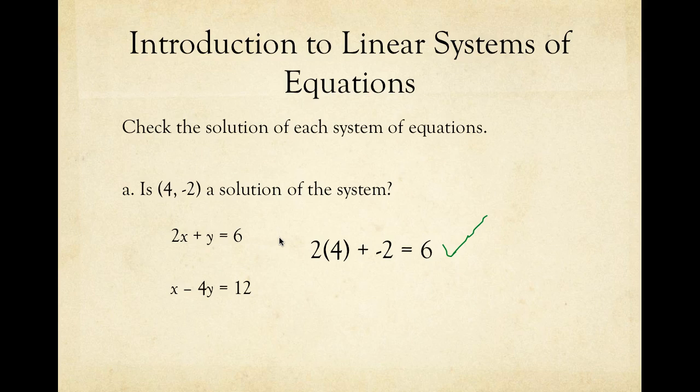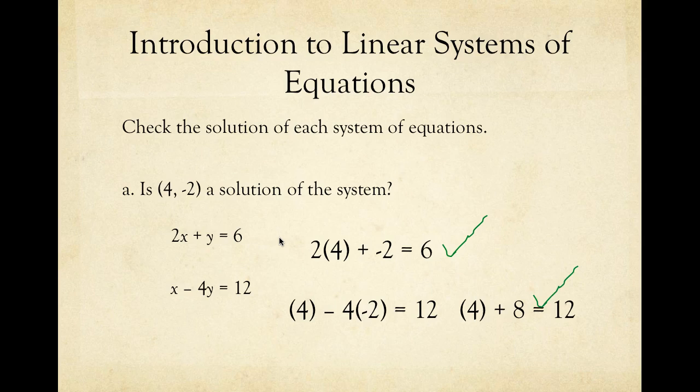Plug 4 in for x and -2 in for y for the second equation. 4 minus 4 times -2. Well, 4 times -2 is -8. So 4 minus -8 is positive 12.